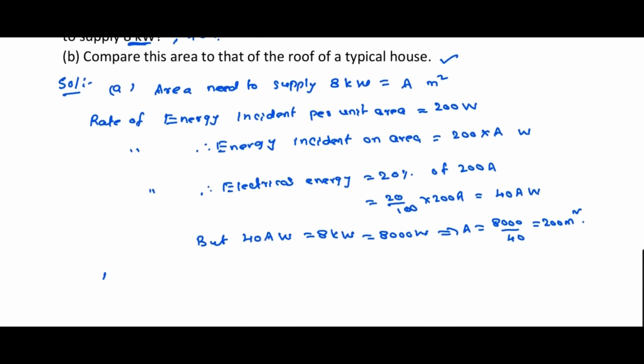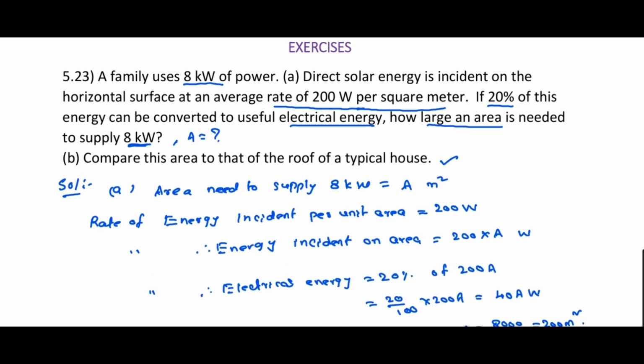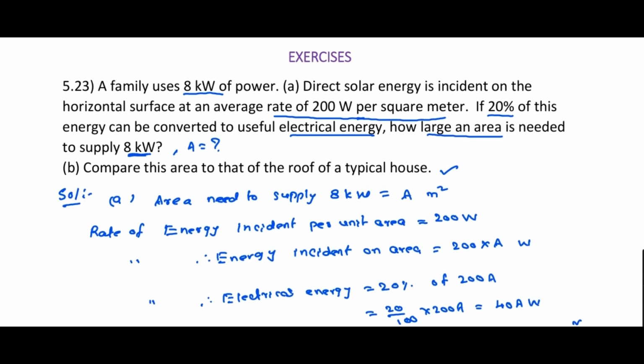While coming to B, the area of the roof of the given house, assume it is some A dash, is equal to 70% of, here some data is missed, but 20 meter into 15 meter is given.